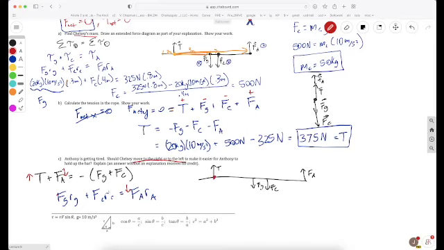So if we want to decrease Fa, we also have to decrease her distance from that pivot point. And how do we decrease it? Well, this is the distance that she is from it. So if we want to decrease it, she'll have to move to the left, right?